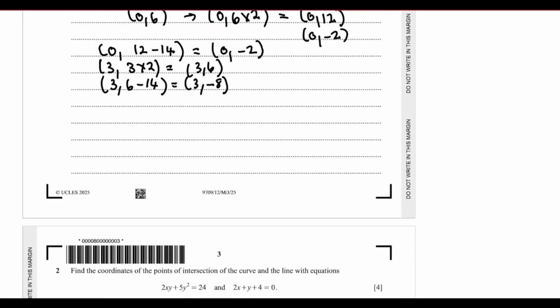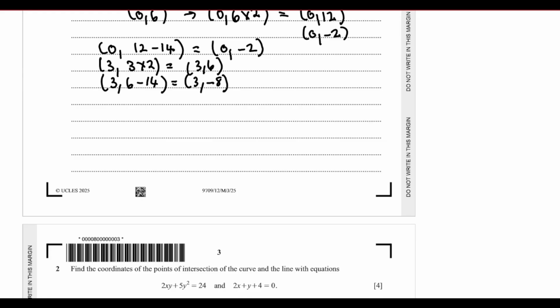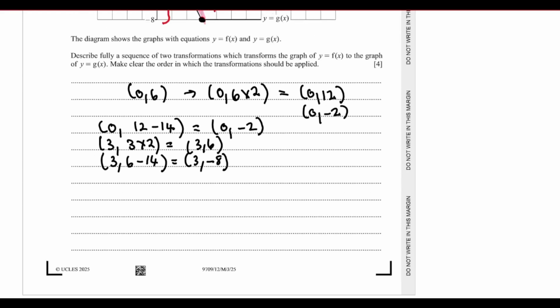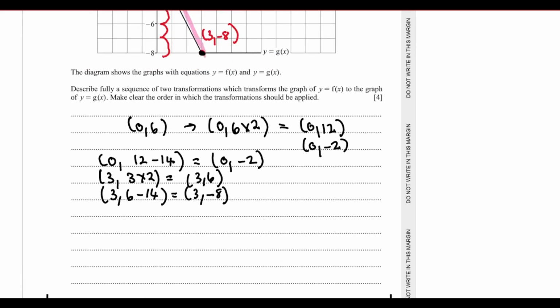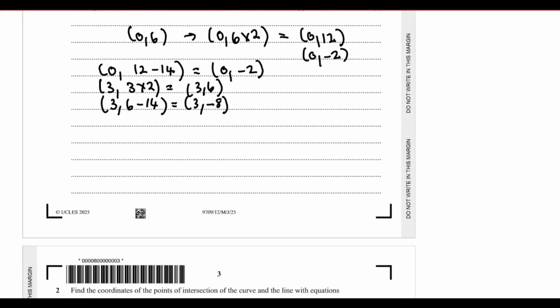Now, how do we write this down? The minus 14 on the y means it moved 14 down, but we're not allowed to say that. We can say, well, let's get the order right. First, there was a vertical stretch by factor 2.